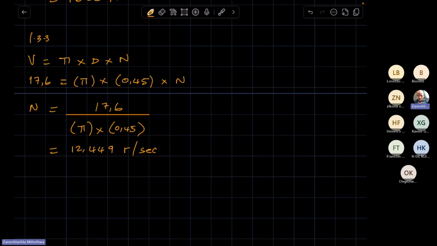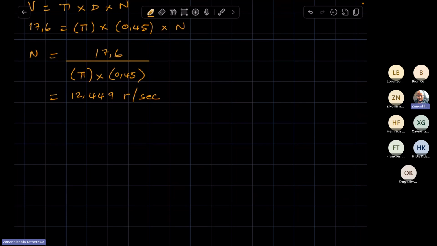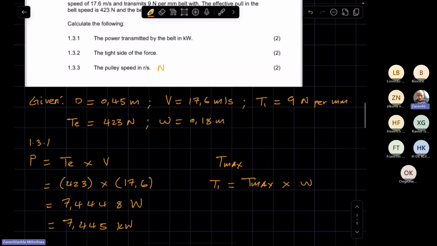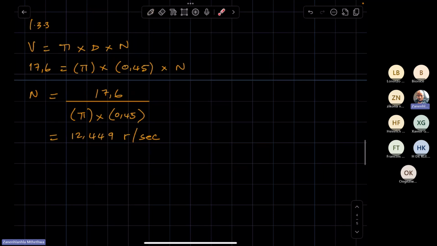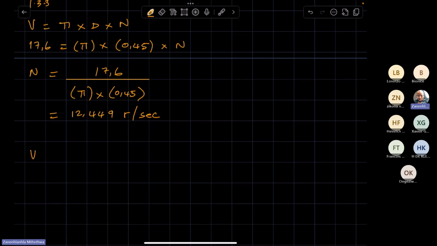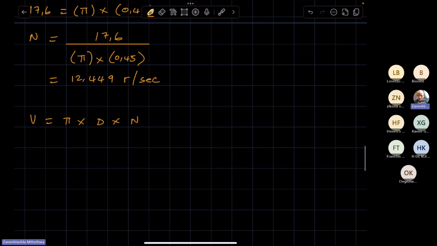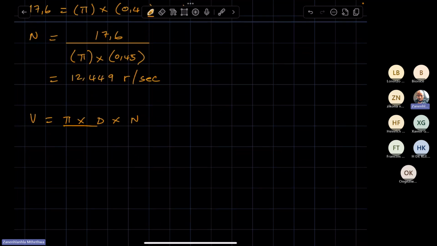Right. Now, just for interest's sake, had they asked us to calculate the pulley speed in revs per minute, or if we were instructed to express this in revs per minute, then you would still have V is equal to pi times D times N, and then you divide this by 60.